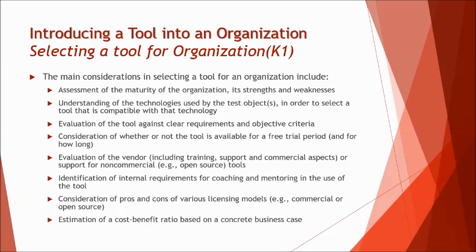So still you're saving $20,000 out of your $100,000. So what we mean to say is, if your cost benefit ratio goes positive, you adopt the tool. If in case it is negative, that you are still investing more than what you're doing manually, then you don't procure the tool. So these are some of the considerations which you take into account when we are trying to select a tool for the organization.